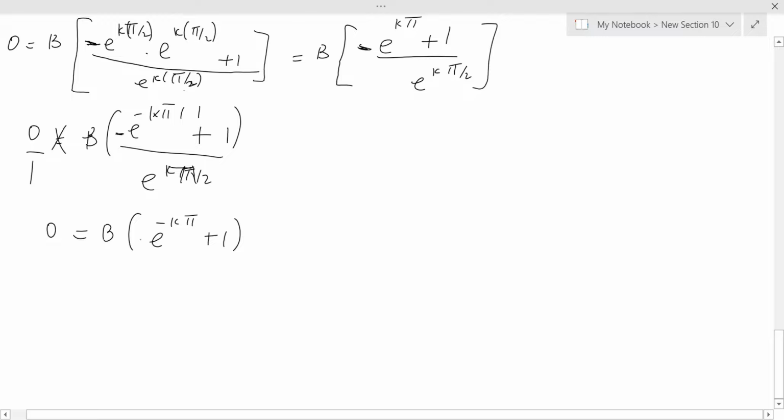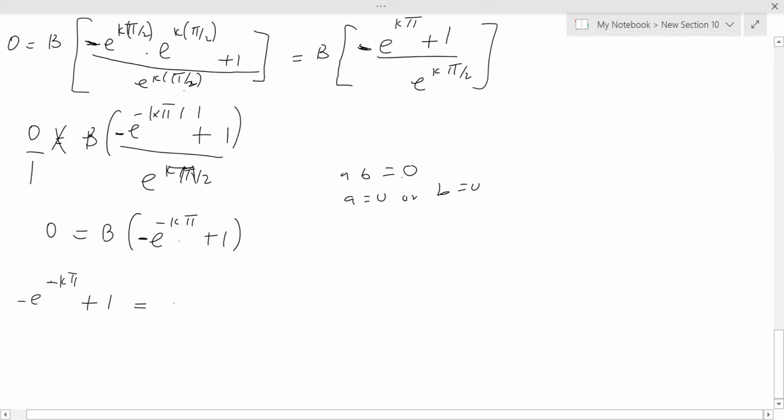Now at this point, in maths, when two numbers multiply themselves to give you 0, it's either a is 0 or b is 0, or both of them are 0. So for this to be 0, it's either b is 0 or this is 0. Do you get? But let's see whether one of them can be 0. For this first one, we have exponential minus k pi plus 1. So this one is e to the 0, that is the question.